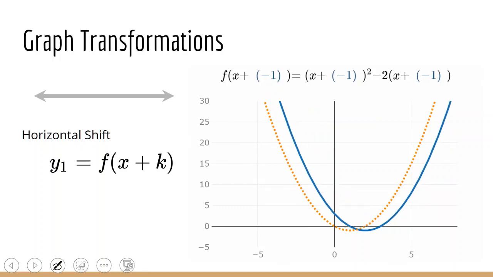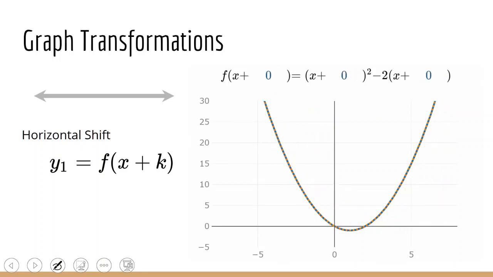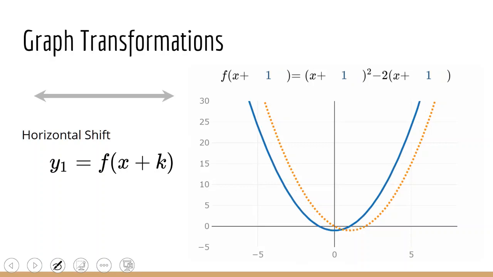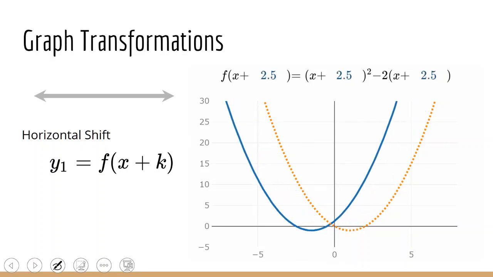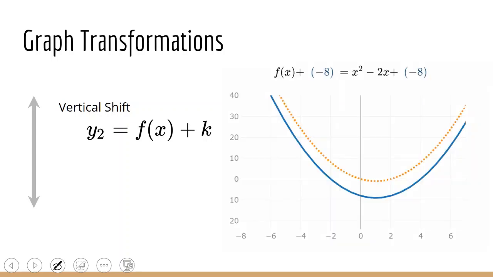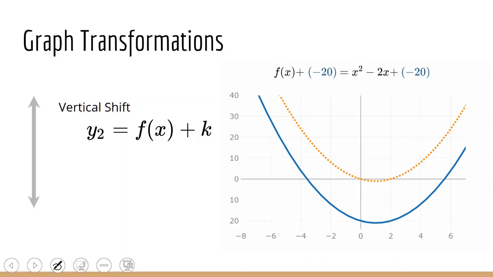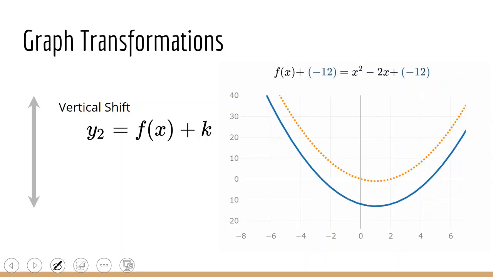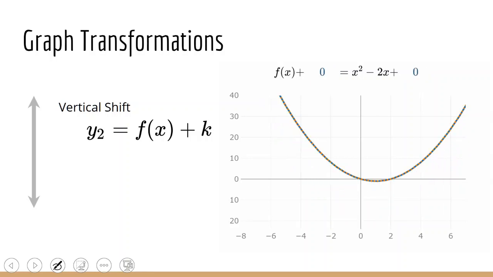And as k increases, it moves to the left. Another thing we can do is shift it vertically by adding a constant to the entire function. So here, as we decrease, our function moves down, and as we increase, our function moves up.